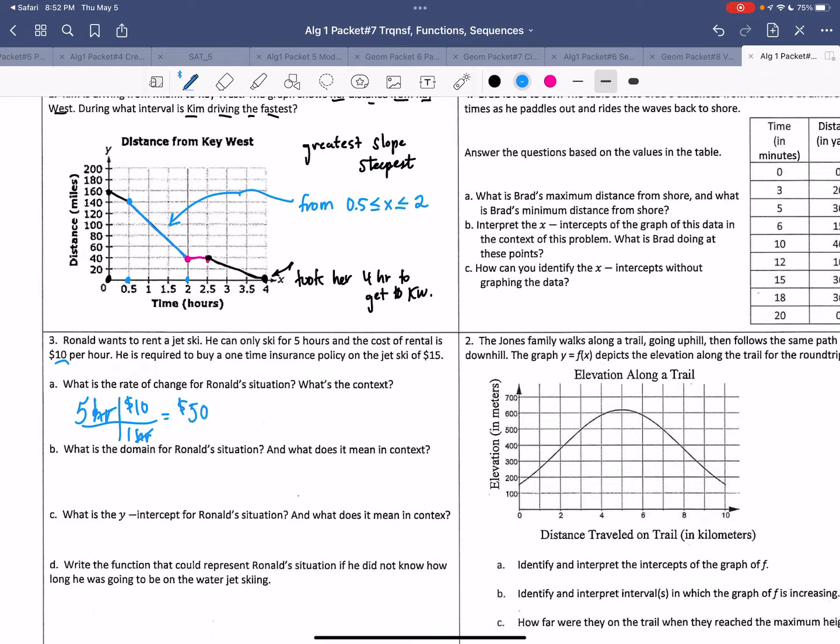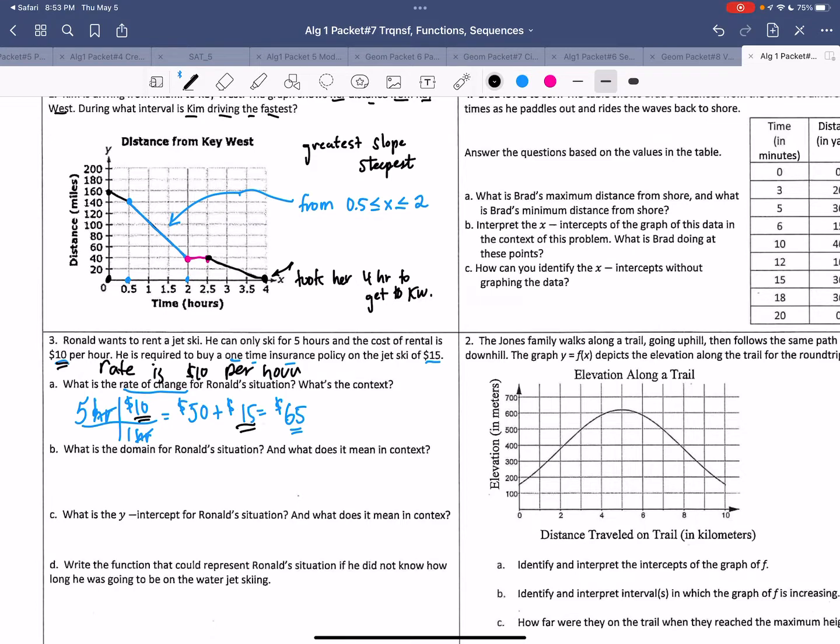He is required to buy a one-time insurance policy on the ski for $15, so for the full 5 hours plus insurance, that's a total of $65. What is the rate of change of his situation? The 15 is not changing, but it changes by $10 each hour. So the rate is $10 per hour.